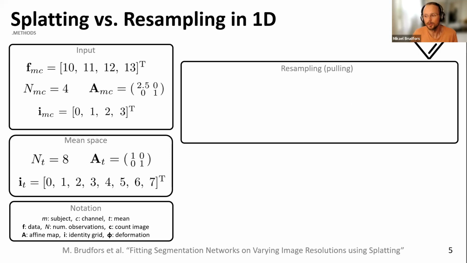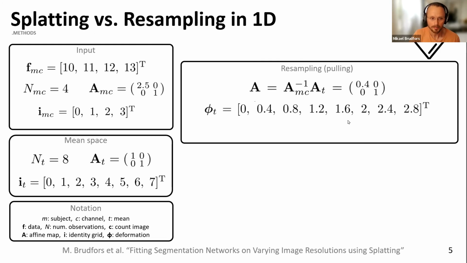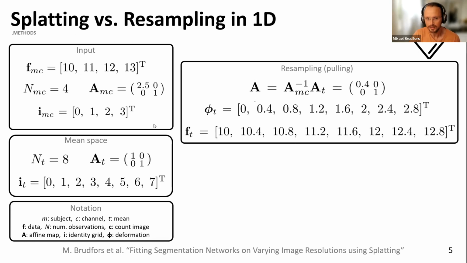Resampling basically involves pulling voxels from the image using a deformation defined on the mean space, with some form of interpolation. We define the deformation based on a composition of the 2 affine matrices, from the mean space, denoted T, to the image space, and this is the inverse. This basically decides which voxels to pull from the image to the mean space. That gives us the deformation by multiplying this affine transformation with the identity grid in the mean space, and this basically gives us the resampled values in the mean space.